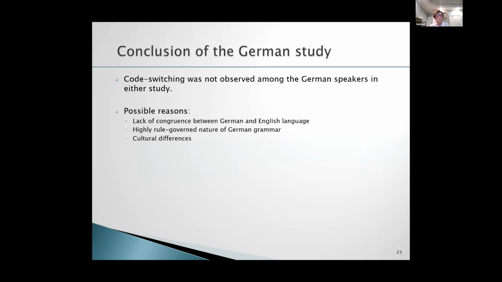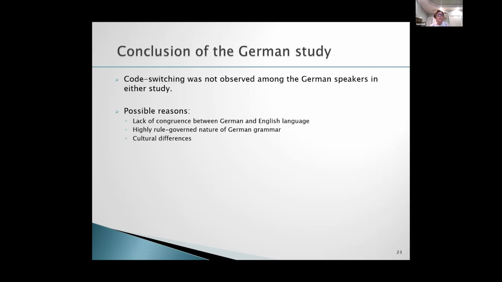One of them is lack of congruence between English and German. Maybe structurally the languages are so different that the bilingual speaker sticks to that language. And maybe the highly rule-governed nature of German grammar, going back to a little bit of linguistic determinism, perhaps rule-governed languages also make people more likely to follow rules and instructions that are given initially.